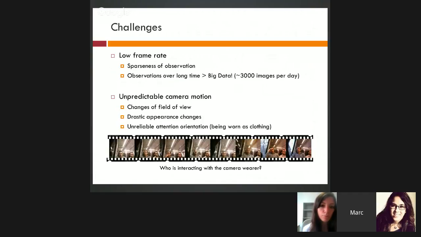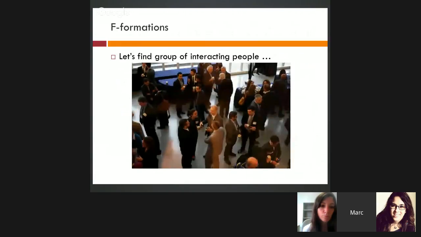And the second category is the unpredictable camera motion, which results in changes of the field of view, changes in appearance, and background clutter, all of these things. Having all these challenges, we still are looking for a solution to solve our problem.